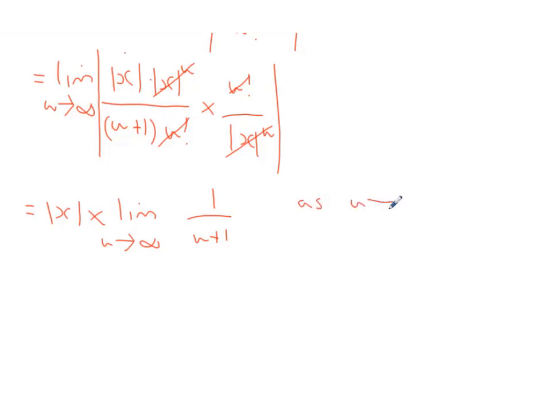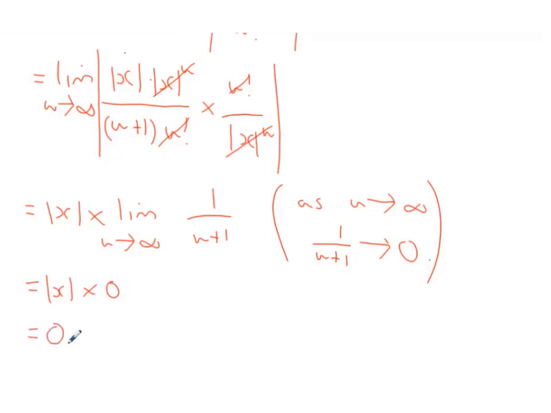As u approaches infinity, 1 over u plus 1 is going to approach 0. So here we have the absolute value of x times 0 equals 0, right?